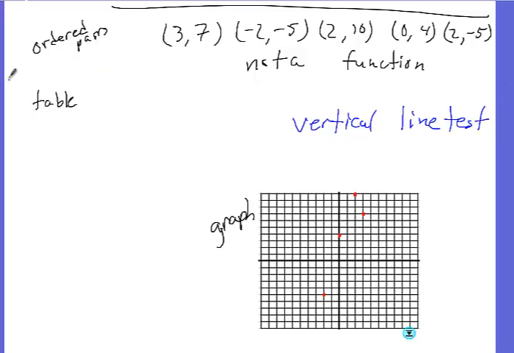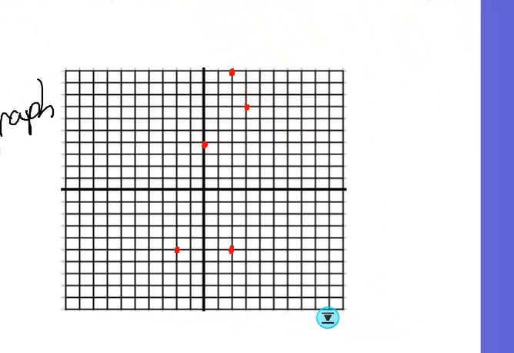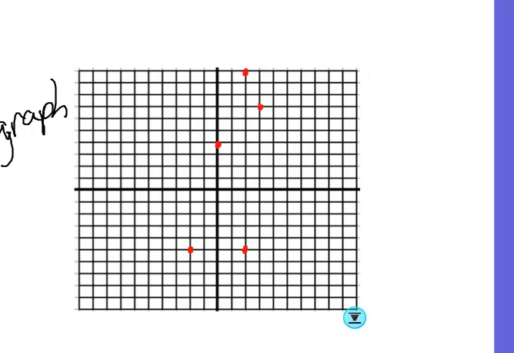Okay, and this is called a vertical line test. And the vertical line test checks to see if the graph of a relation is actually a function. So I'm going to go ahead and graph this. It's going to be down there. The vertical line test says that if you can draw a vertical line, wow, that's terrible. If I can draw a vertical line that goes through 2 points, then it's no longer a function.